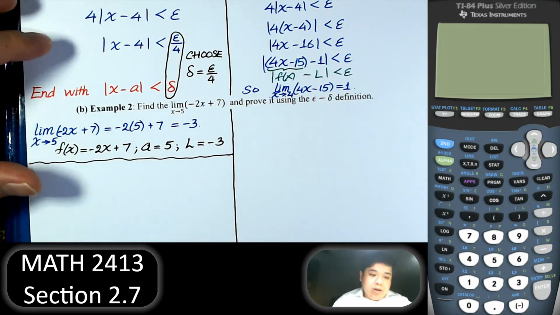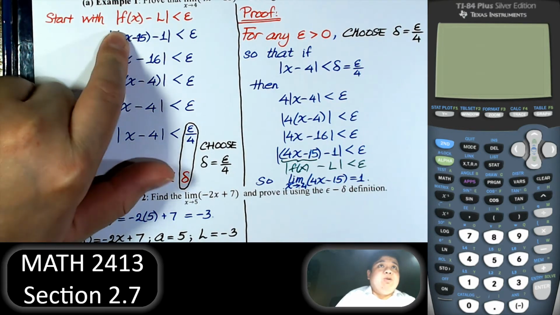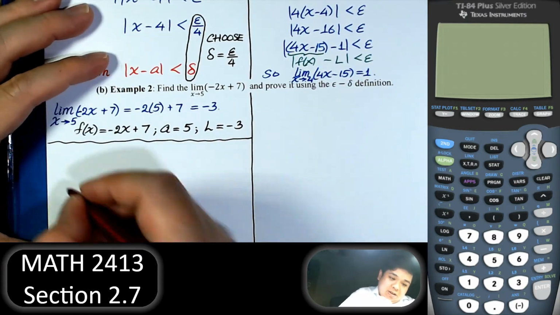So we start with the absolute value of f of x minus L less than epsilon.